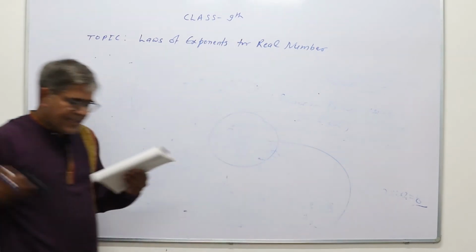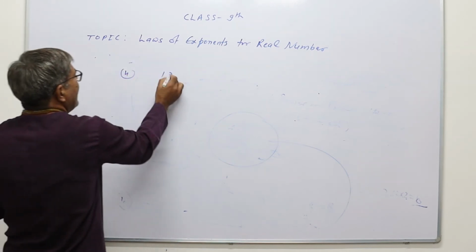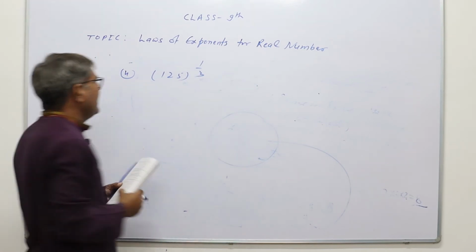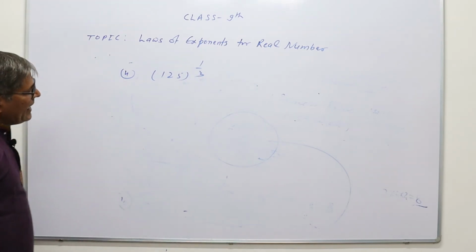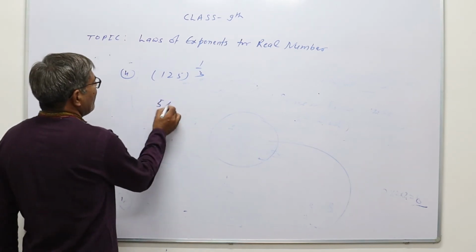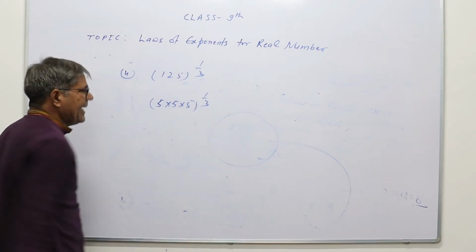See, next is the fourth one: solve 125 whole power 1 upon 3. Now how can we write 125 in power 3? We can write 125 as 5 into 5 into 5, whole power 1 upon 3 as it is.